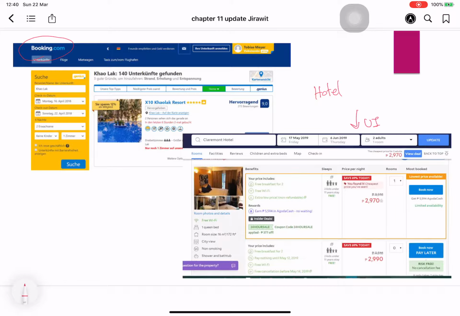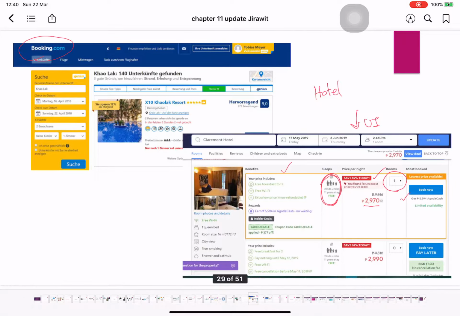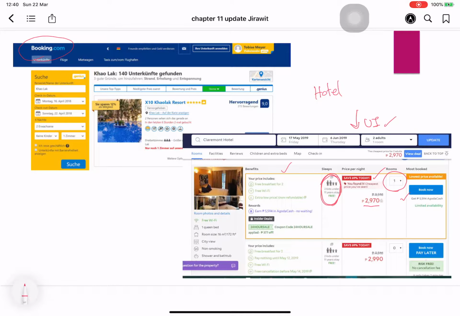You can see the room. You can see how many people can stay at this room and how much, right? And you can see how many rooms are left in that hotel, how much, and you can book. Different online booking platforms, different UI. This is user interface.